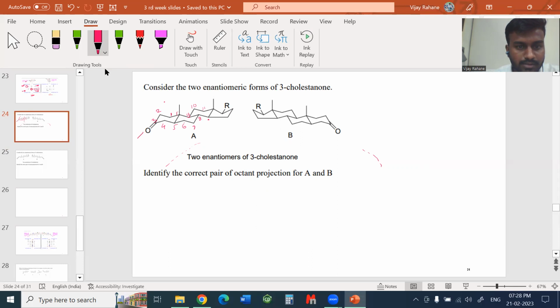Sorry, here is the 10. This one is the 11. This one is 12. This one is 13. Here is the 14. This one is 15, 16, and this one is 17. Right. So we have given numbering, and now it's time to draw the projection.